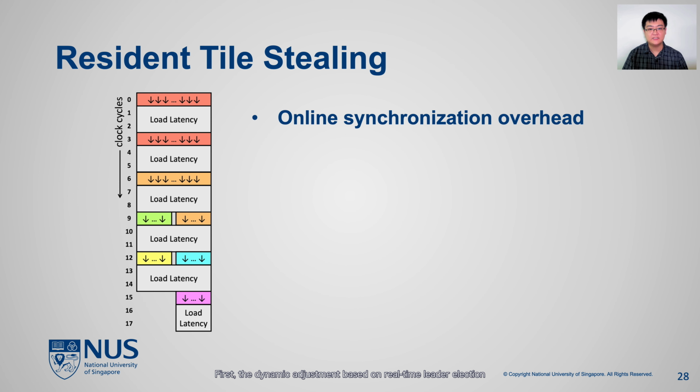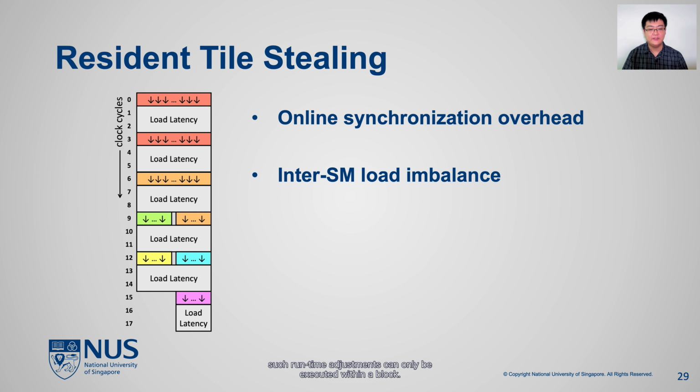First, the dynamic adjustment based on real-time leader election at runtime will introduce synchronization overheads, which restricts the maximum performance. Second, limited by the hardware design of GPUs, such runtime adjustments can only be executed within a block. This means that such adjustments can only function within an SM, but cannot benefit the load imbalance among SMs.